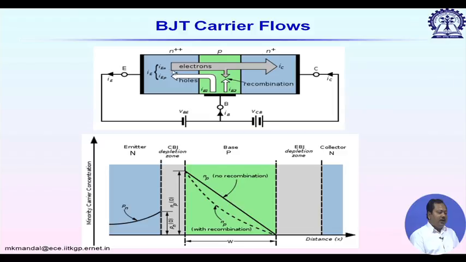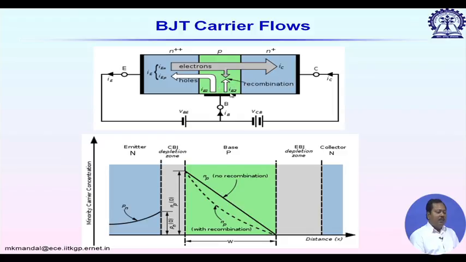The emitter will eject electrons, and for normal operation we will forward bias the base emitter PN junction, and keep the base collector junction in reverse bias. Due to the applied electric field, electrons drift into the base, where we have recombination with the holes available in the base, and then the rest of the part first diffuses and then drifts inside the collector.